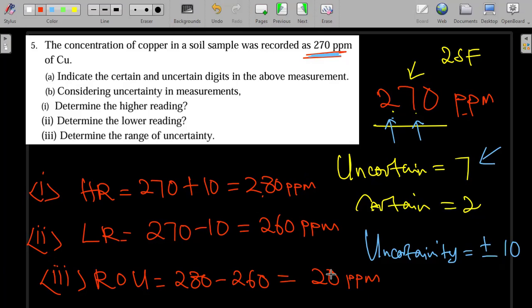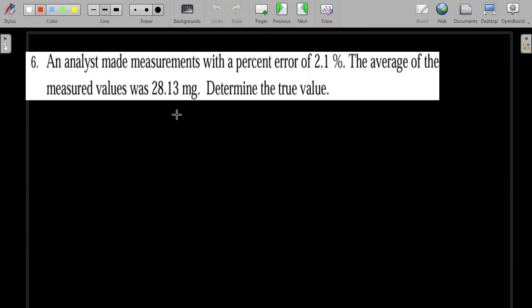All right, so we are done with question 5. Let's look at question 6. They're saying an analyst made measurements with a percentage error of 2.1%.